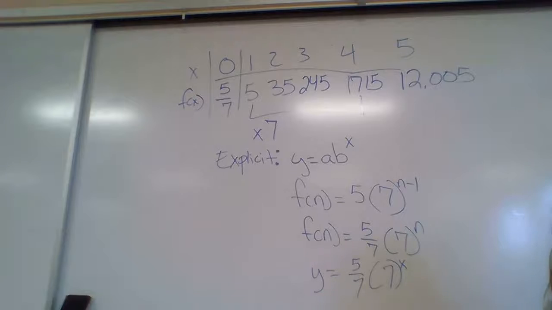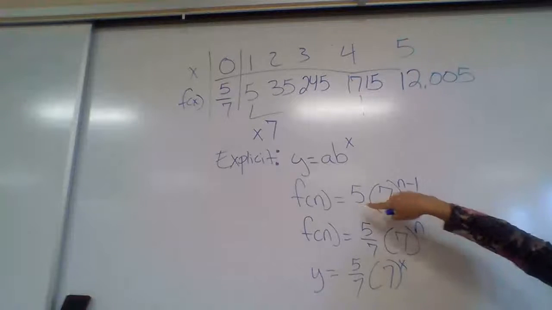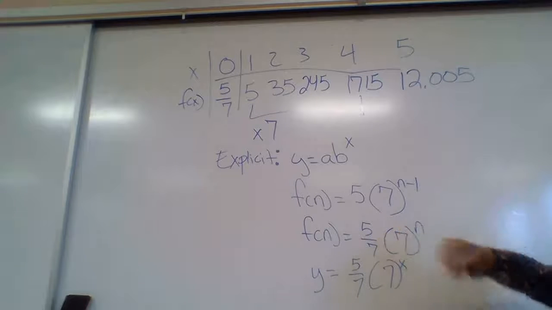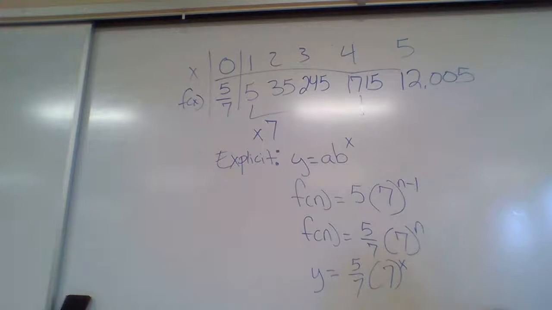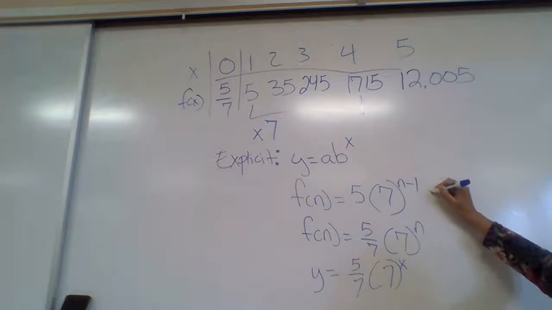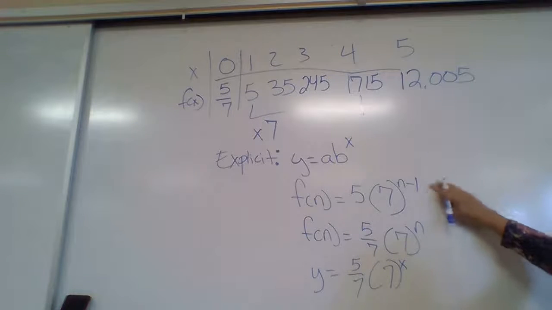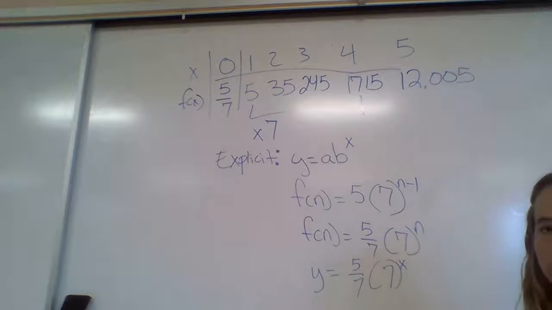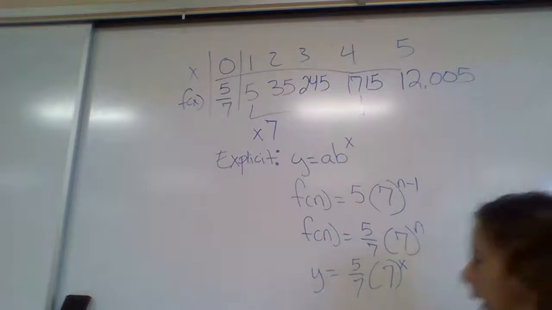Any of these are fine. So you can use the first term, or you can use the y-intercept. Since they give you the first term, if that makes sense to you, you can do it that way. It's quicker than finding the y-intercept, but either of those is fine. Okay, that's the explicit.